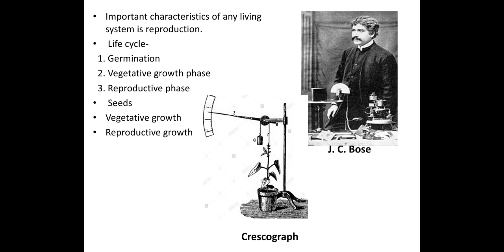The seeds and fruits are produced when a plant reaches the reproductive phase. To start the reproductive phase, every plant must complete some definite amount of vegetative phase. Only after attaining the vegetative phase does the plant enter the reproductive phase.